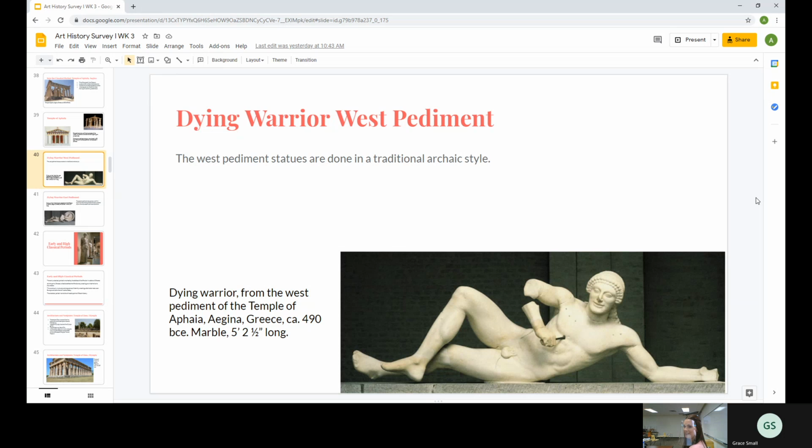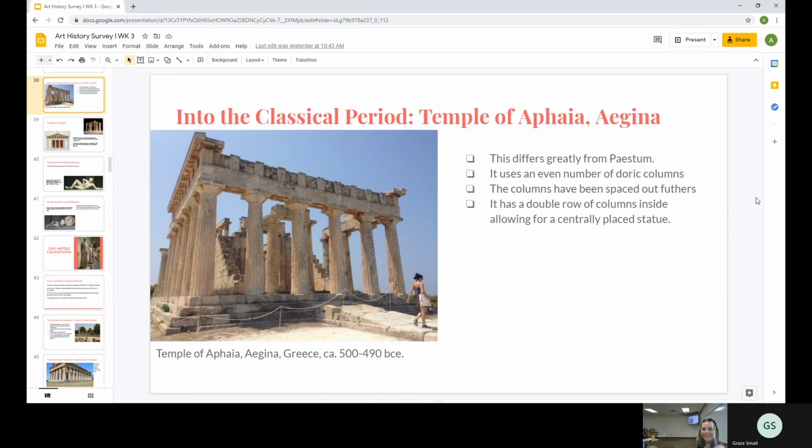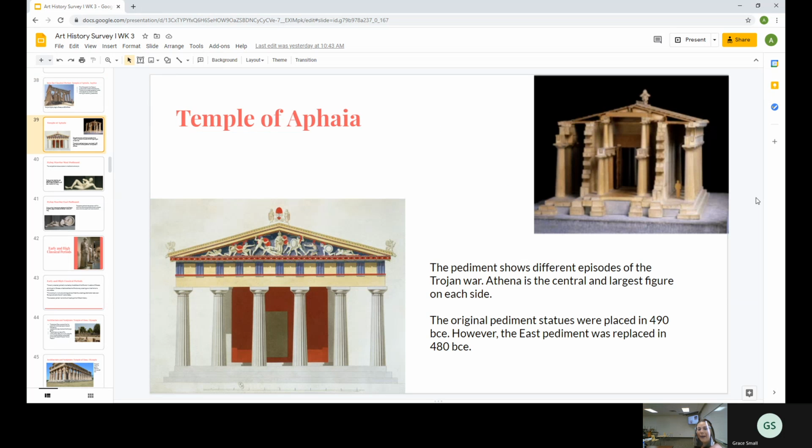Tradition. The smile. So this is our last, well, kind of semi-last piece of Archaic art. This is from the western pediment of this temple, the Temple of Aphaia, which kind of exists today in pieces.